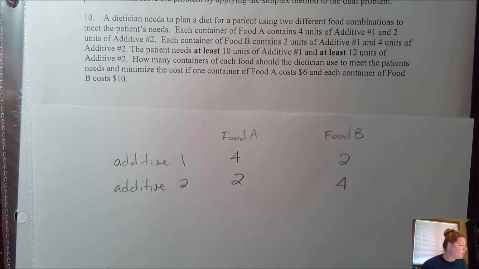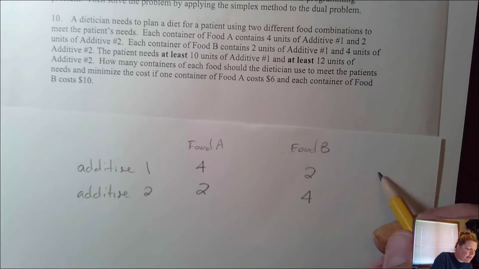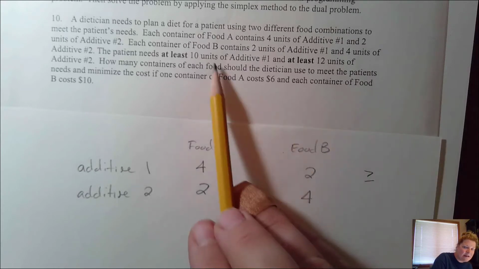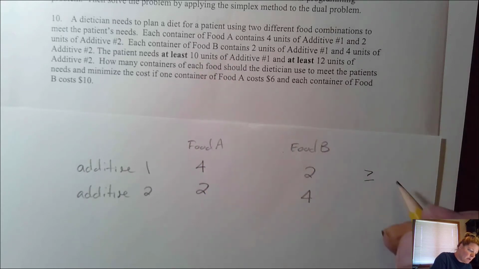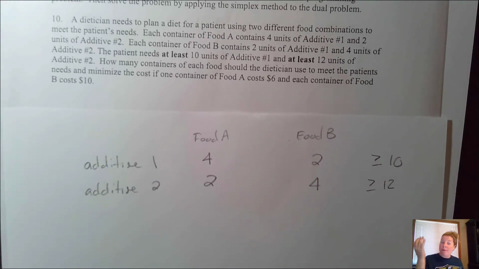Then we know that additive 1 has to be greater than or equal to 10, and additive 2 has to be greater than or equal to 12 because it's at least, so it could be that or bigger.